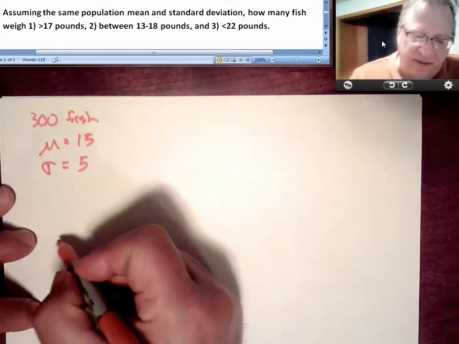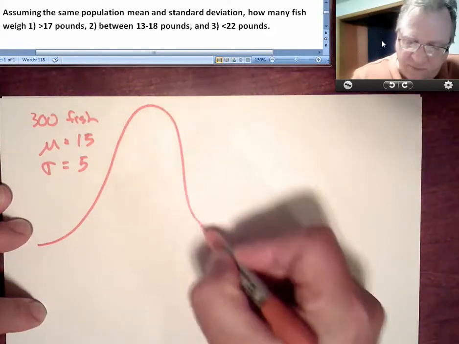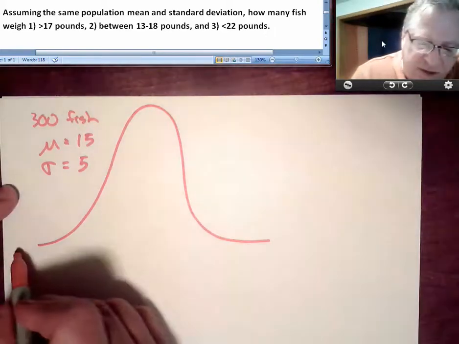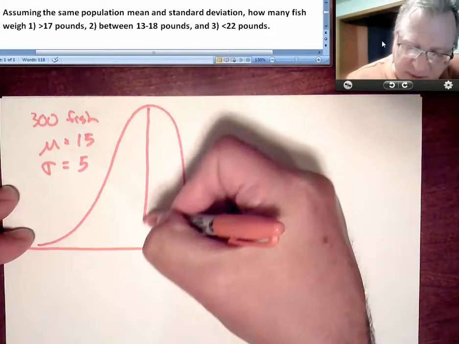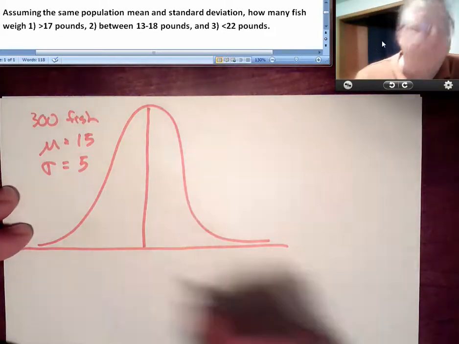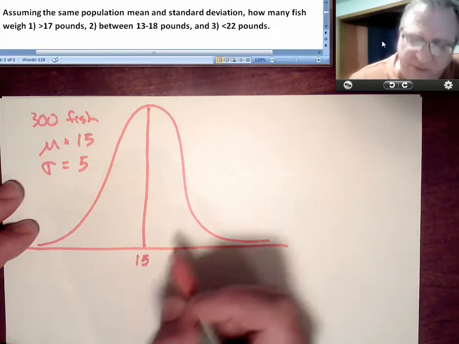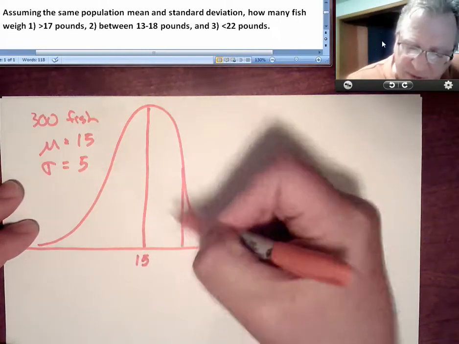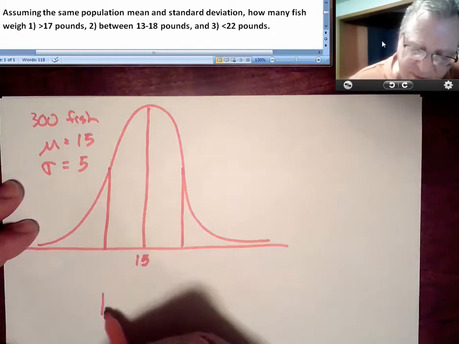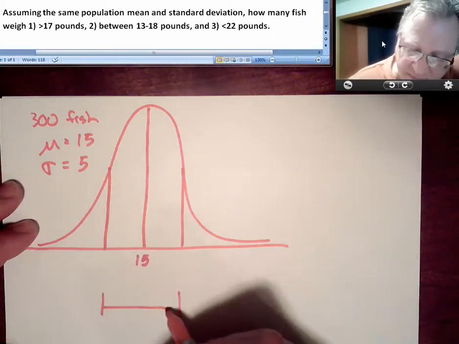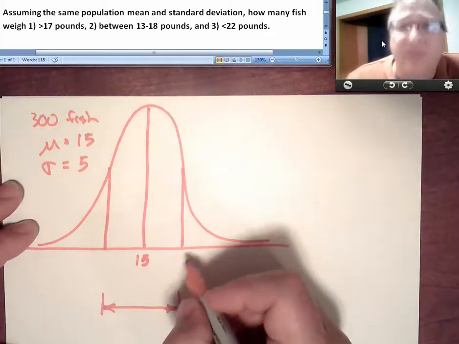Well, again, let's start with a picture. There's our distribution. Might possibly be one of the nicest bell curves I've drawn today. We know our mean is at 15 pounds, and we know that about there and there we have these 2 points that represent plus and minus 1 standard deviation.